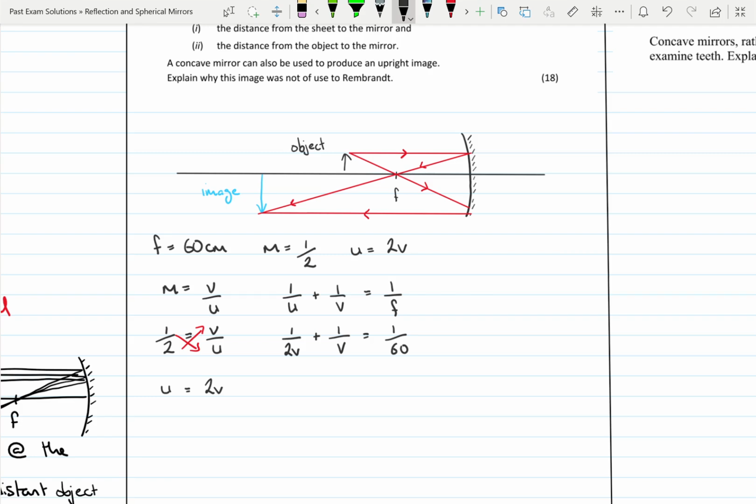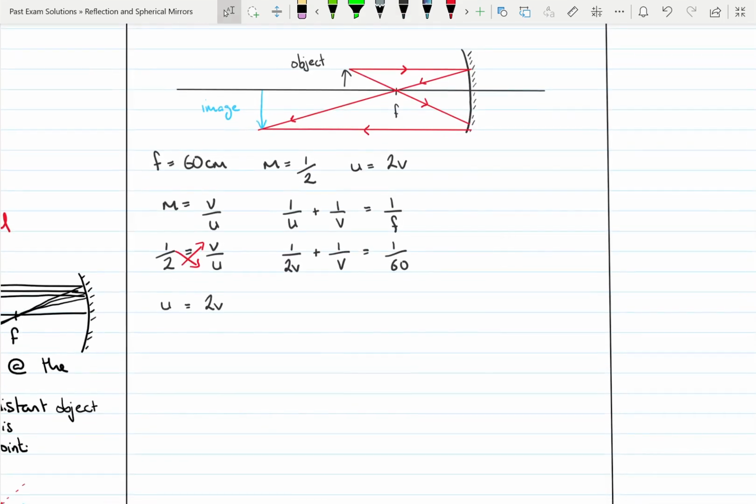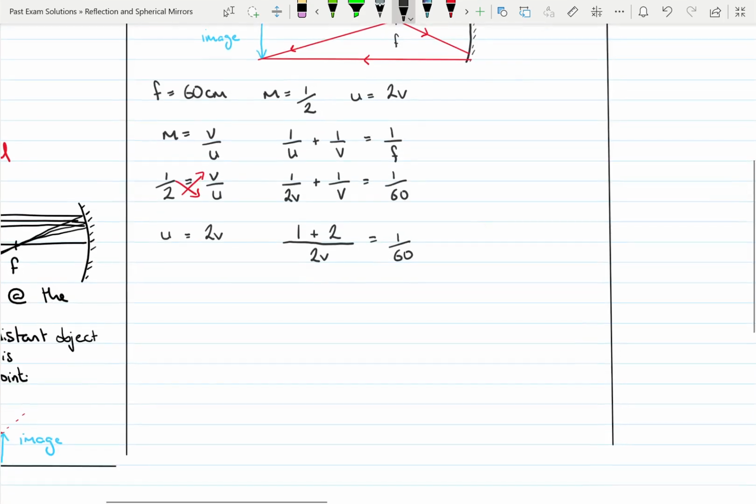So, we're in a good place so far. Lowest common multiple between 2v and v is 2v. 2v will go into 2v once, plus v will go into 2v twice. And that equals 1 over 60 centimeters. So far so good. We've now got 3 over 2v is equal to 1 over 60.